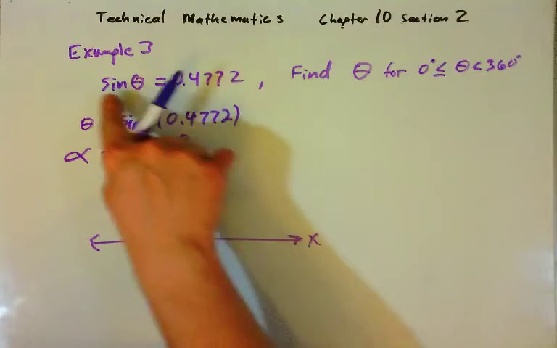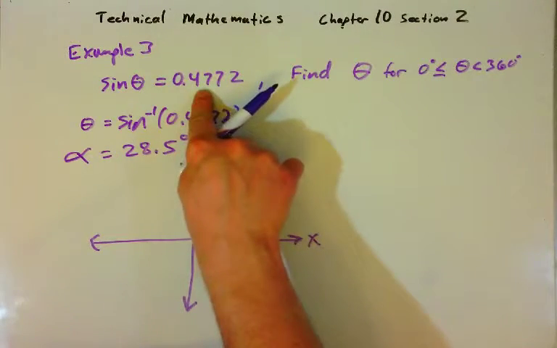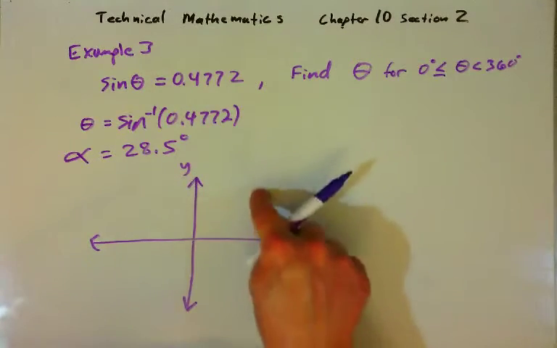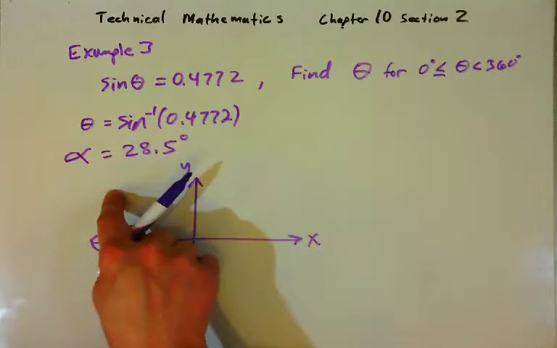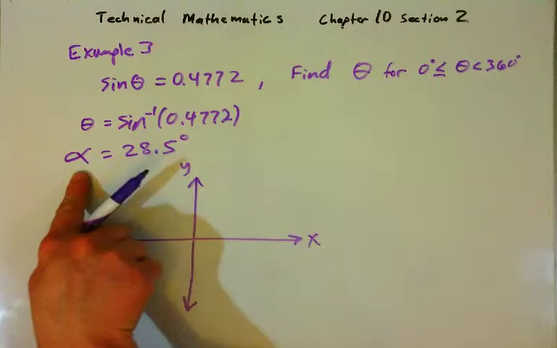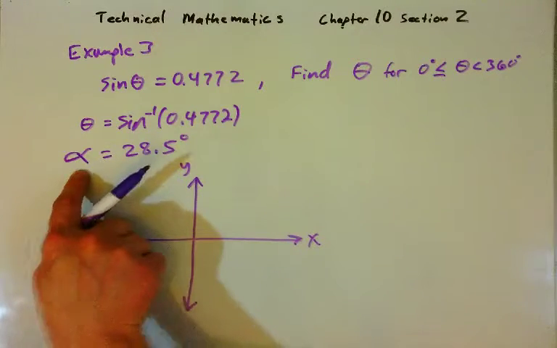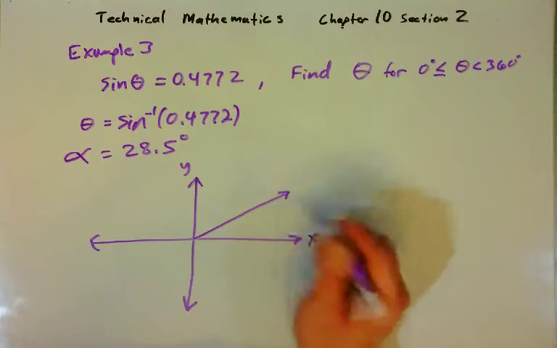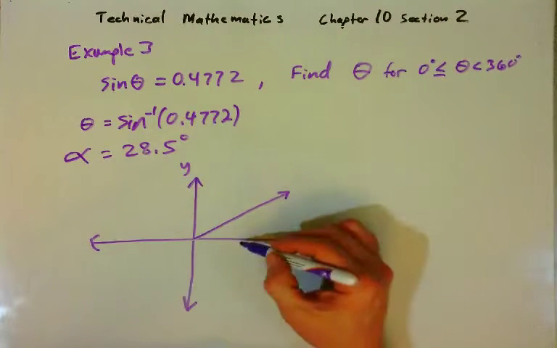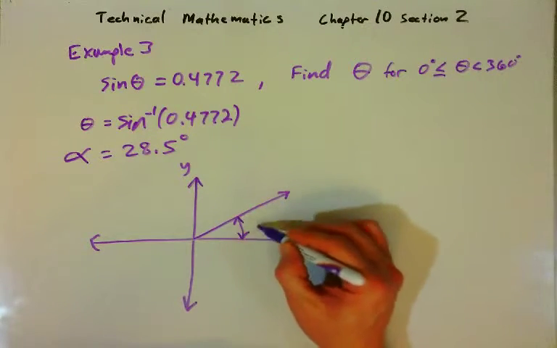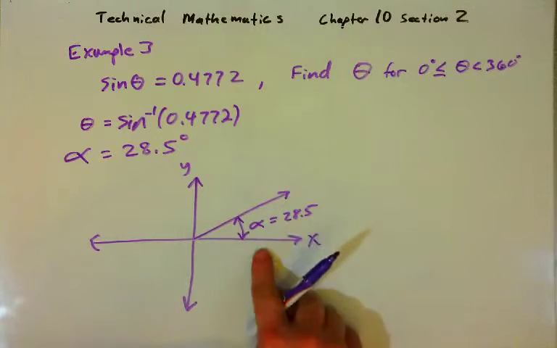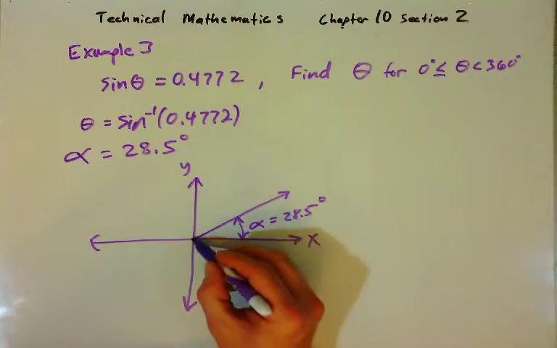we first must consider whether the sine of an angle was a positive or a negative value. Remember that the sine of an angle is positive in the first and the second quadrants. And your calculator is giving you an answer for alpha. And so that means that there are two possible answers. They're in the first and second quadrant. One of them is alpha equals 28.5 degrees in the first quadrant.